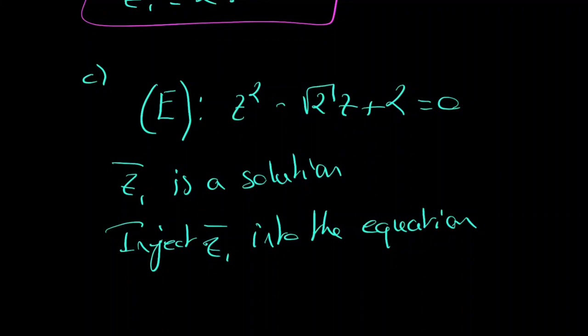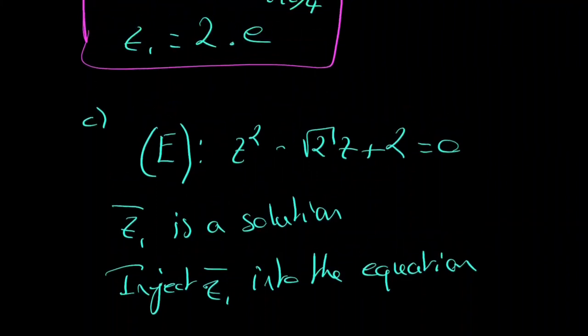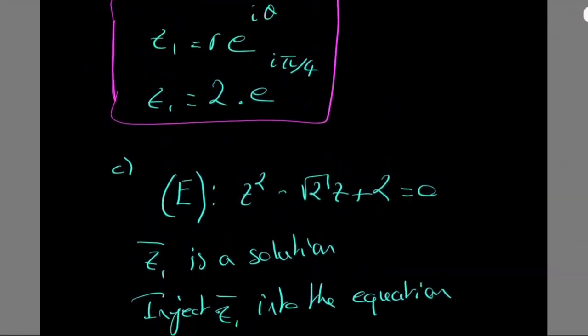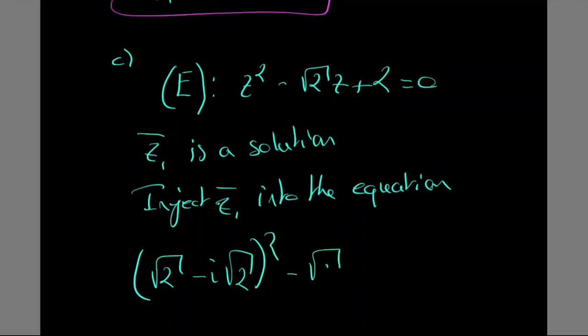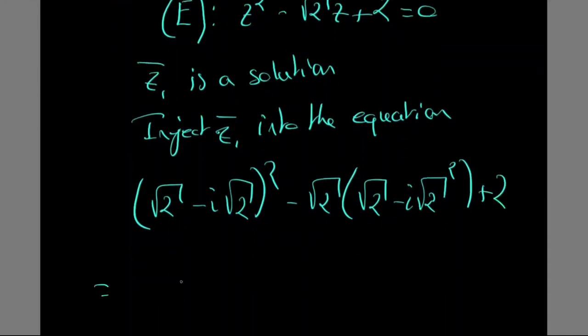Let's do it. So, square root of 2 minus i square root of 2, squared, minus square root of 2 times square root of 2 minus i square root of 2, plus 2.